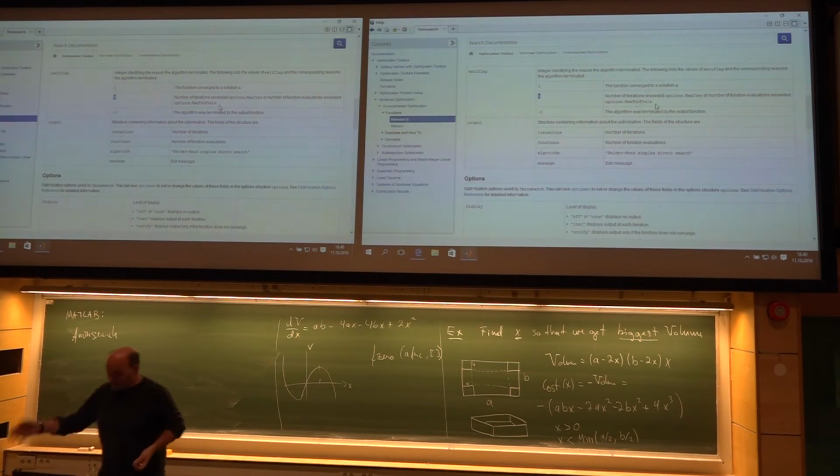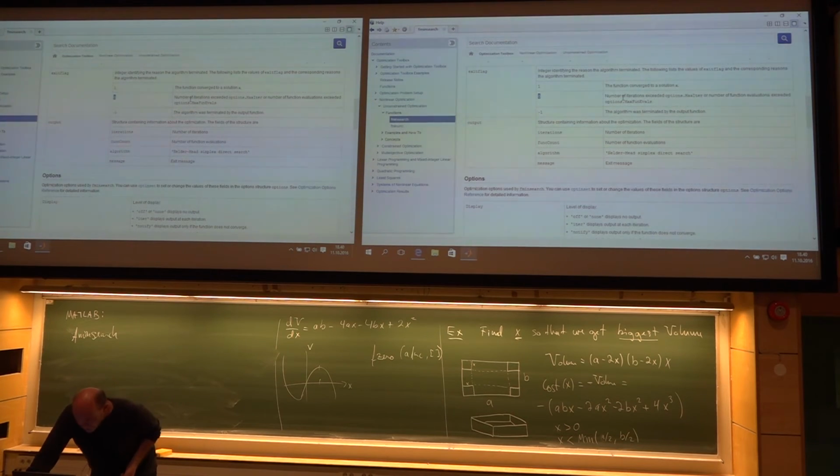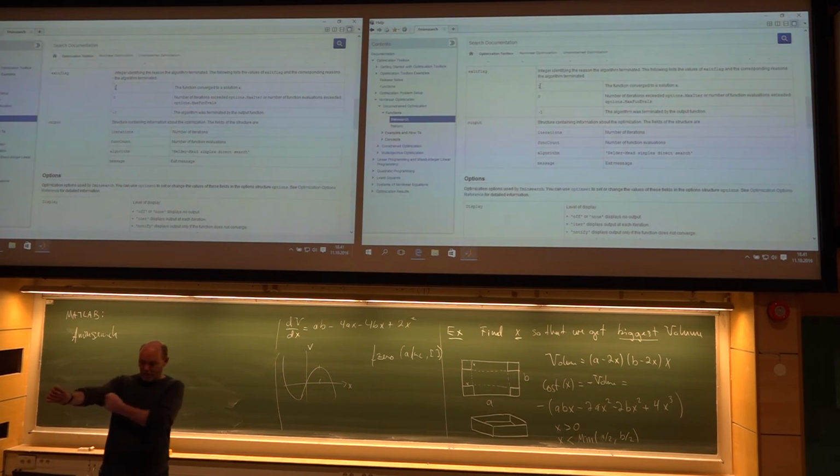And then there is a given maximum amount. I don't know how many. It's a part of the input that you can actually change. If it's -1, it has crashed. It hasn't found a solution. So it's only when exit flag is 1 that we actually have a solution.